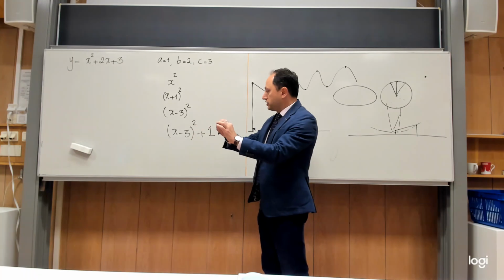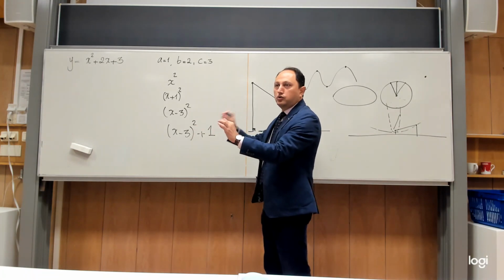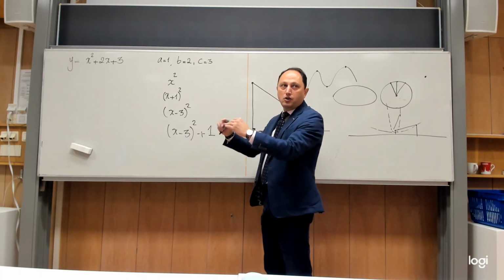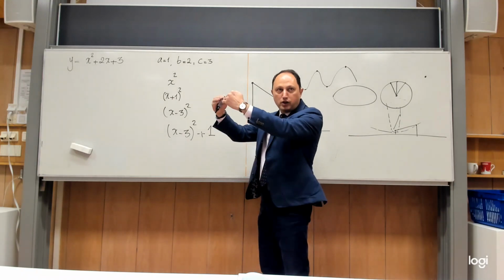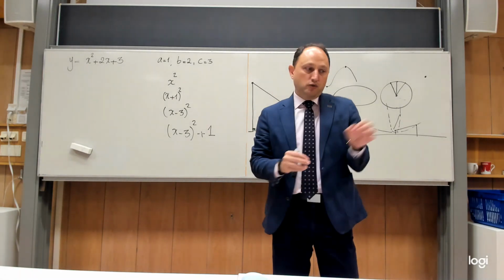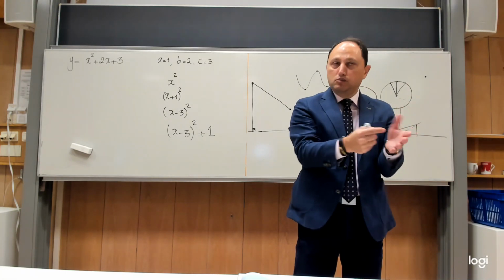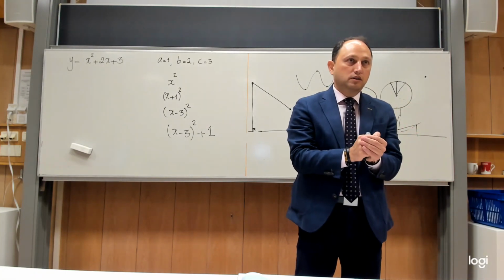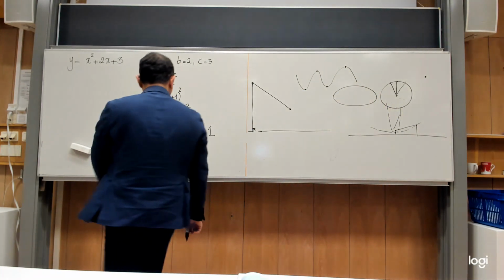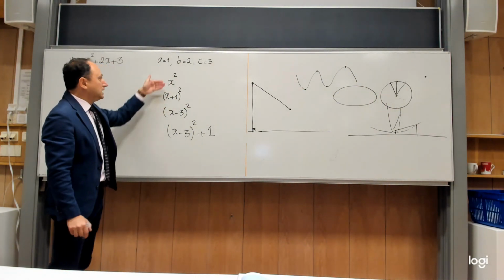Its minimum is 0. Now I am adding 1 unit to all those values. So what happens? All those values will be shifted 1 unit upward. Yes? So the previous minimum was 0. After having this shift, the new minimum is 1. Is that understandable? Okay? So the good idea is to have a complete square.